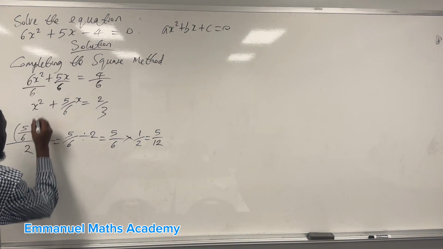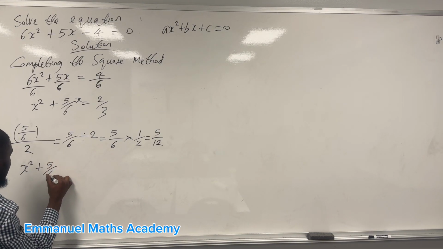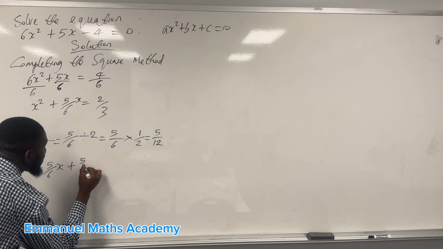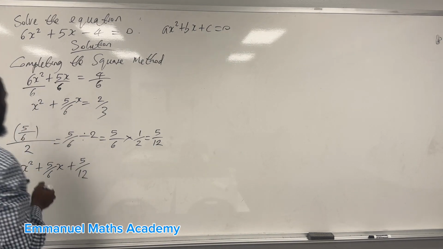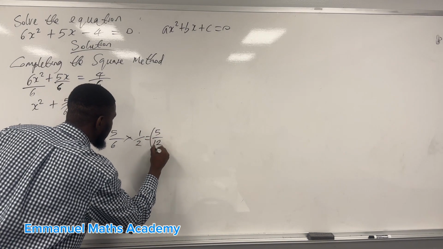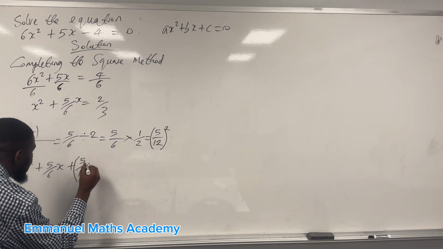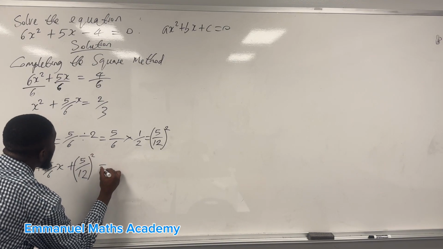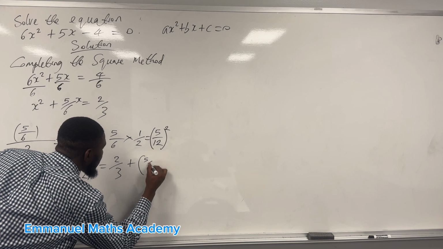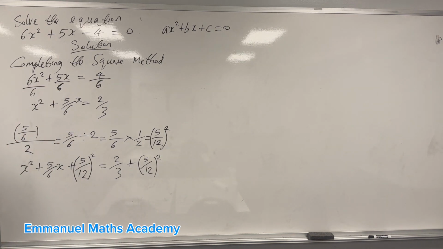Hence, you have x squared plus 5 over 6x, you add this plus 5 over 12. Remember, we are squaring it. So we are squaring this, equal to 2 over 3 plus 5 over 12 power 2.